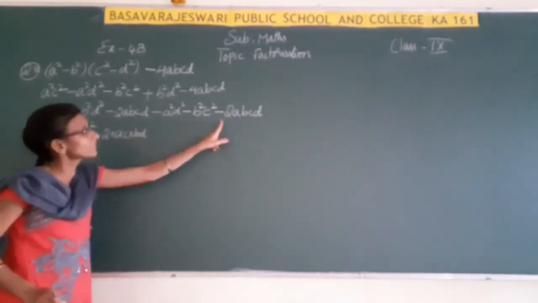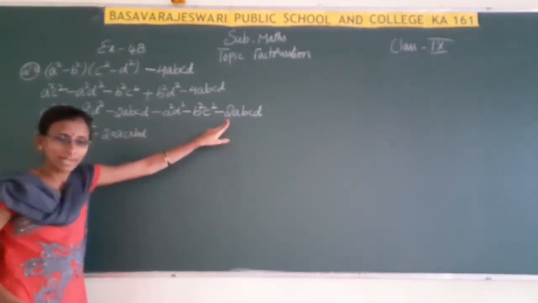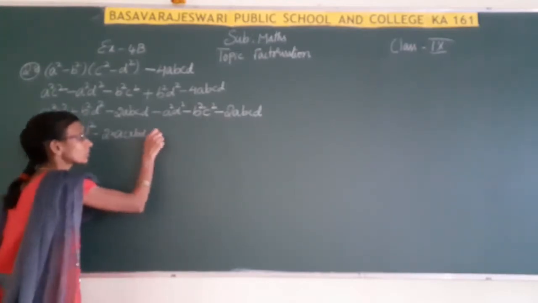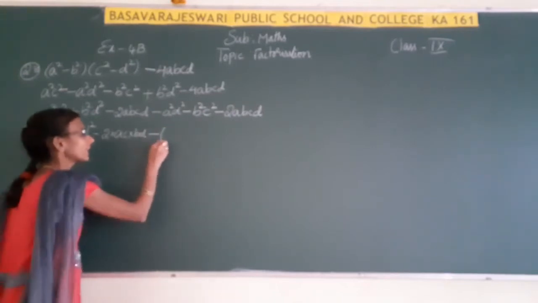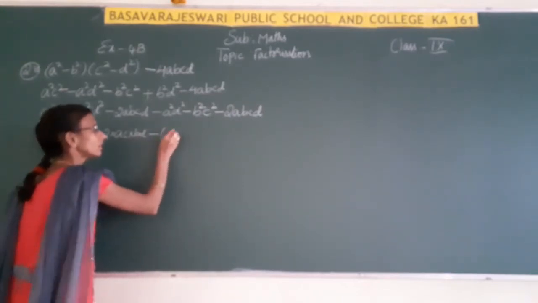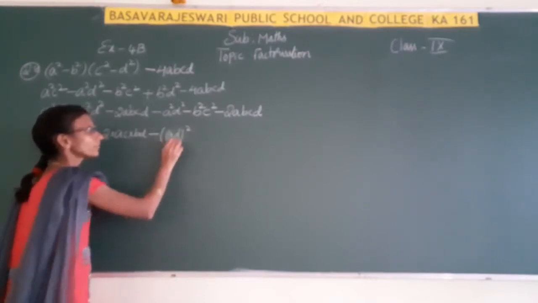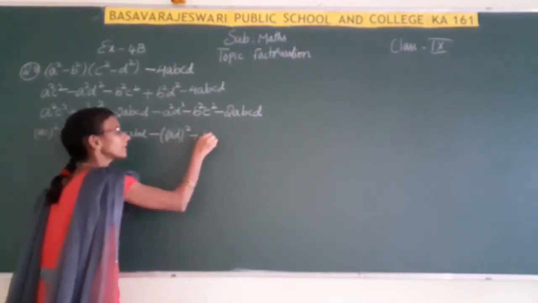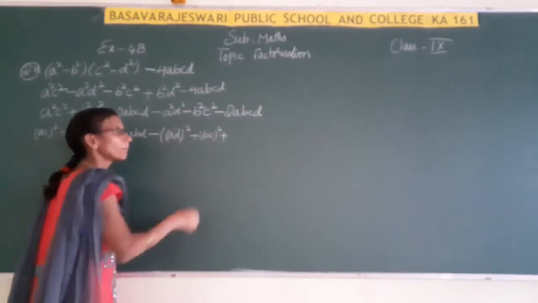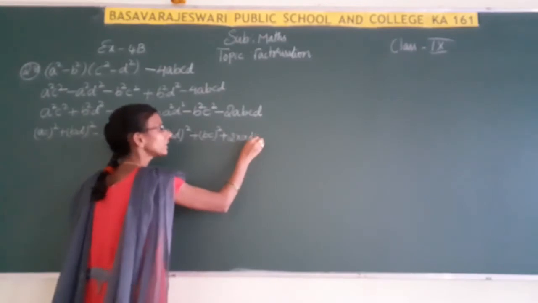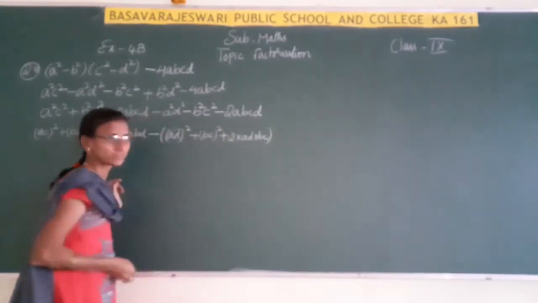For the other three terms I am taking minus as common. If we take minus common, what will be in the bracket? (ad) whole square plus (bc) whole square plus 2 into ad into bc.